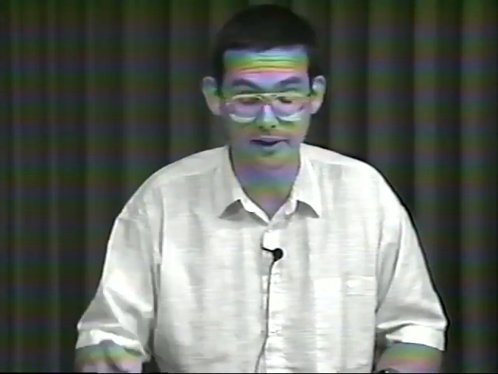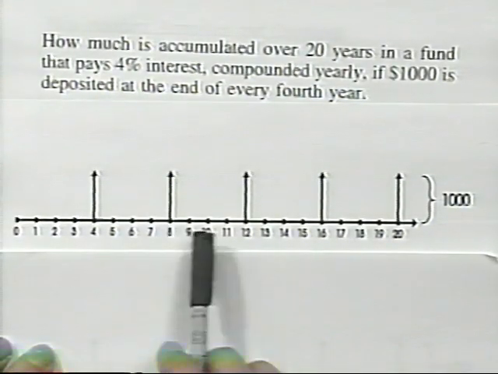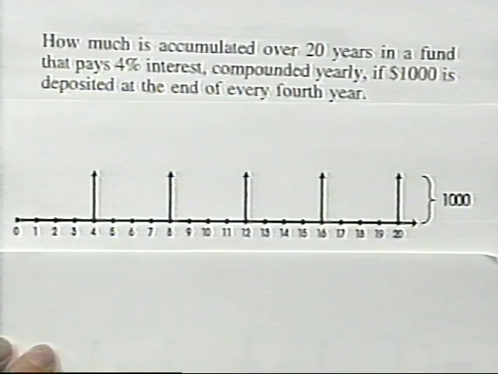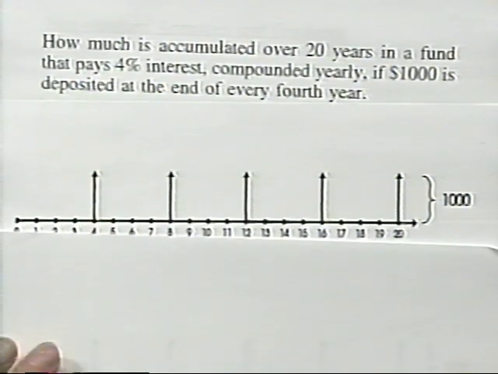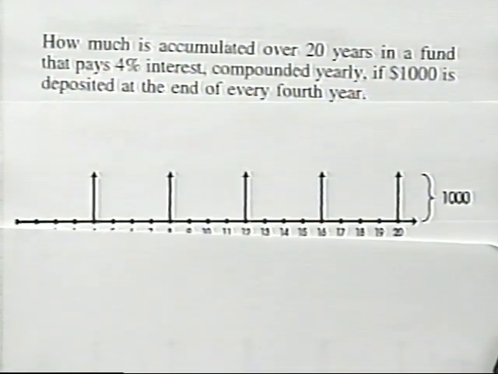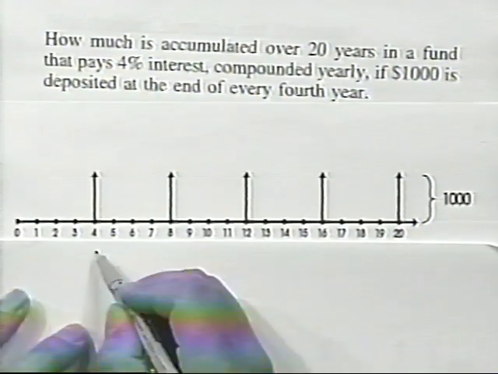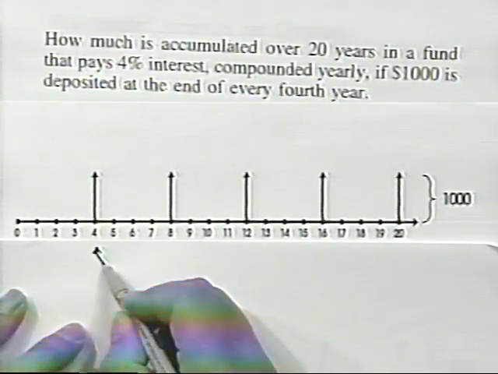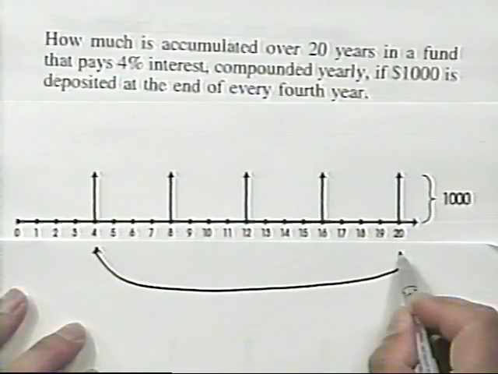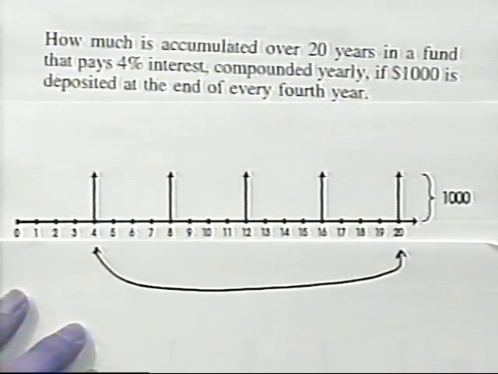Now, one way of doing this calculation would be the obvious but time-consuming one of treating each of these amounts separately. We want to find out how much is accumulated over 20 years. So what that really comes down to is taking this amount here and finding an equivalent amount that far in the future.